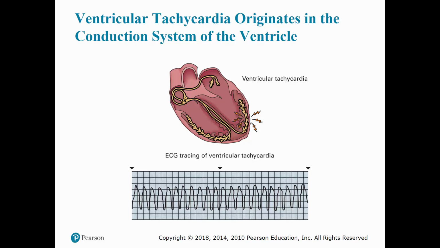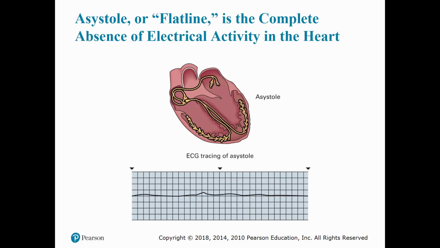This is a rhythm strip of VTAC here at the bottom. VTAC can have a pulse and it can be pulseless. All right, asystole is flatline, meaning the heart is not doing anything mechanically or electrically. This is the worst rhythm a patient could end up in.